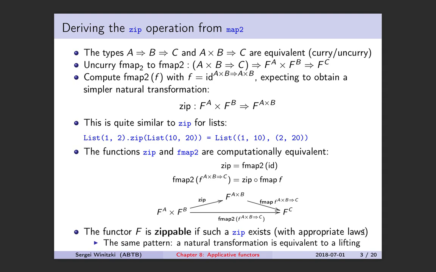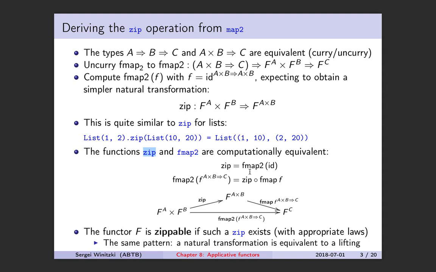We could call a functor zippable if this zip function exists for it. And that would be actually weaker than applicative, as we will see. But there doesn't seem to be a good name that everybody uses for functors that just have the zip method and nothing else.